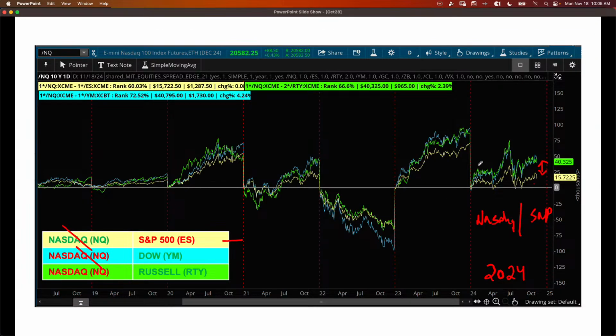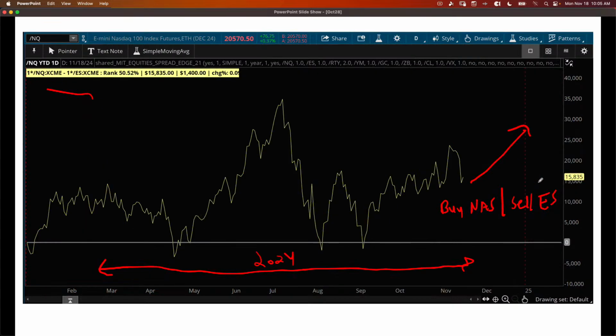This is the one that is cheap relative to the others. So if you're looking for something to buy, if you're bullish, you want to be long the NASDAQ. If you're bearish, don't sell NASDAQ. Bears, sell S&P. Bulls, buy the NASDAQ. That's going to be the most important thing, making sure that you're in the right contract.